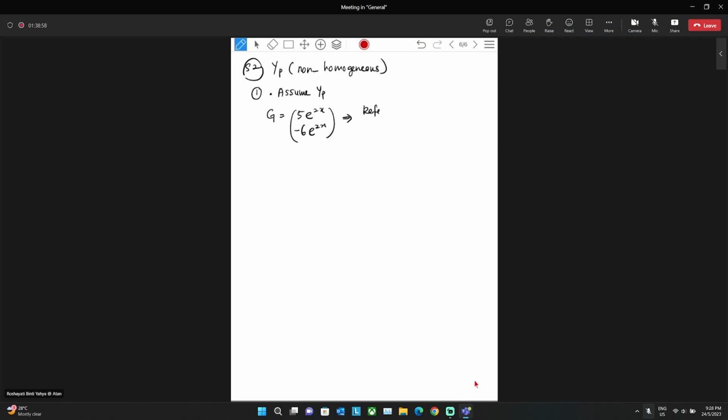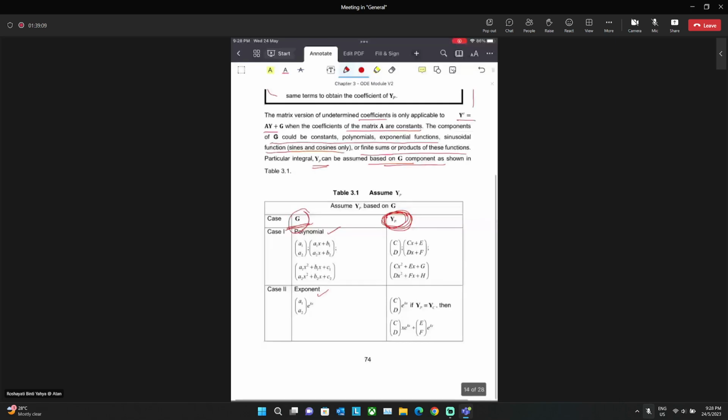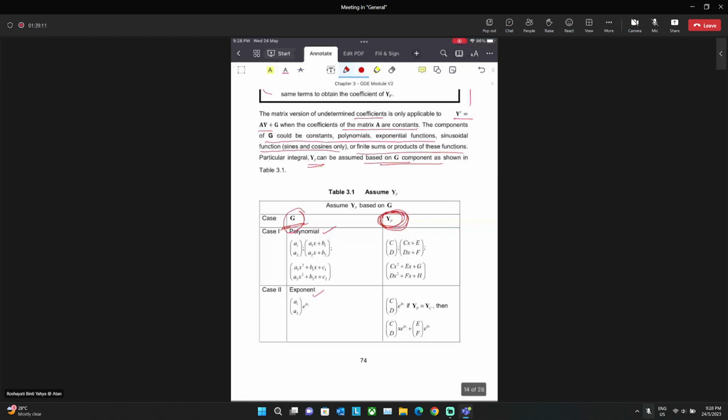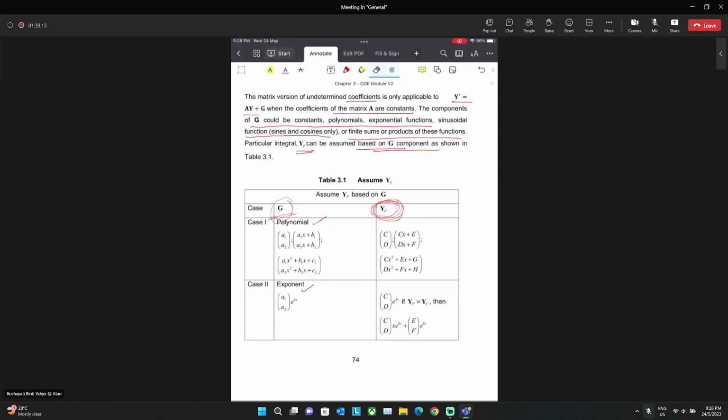Table 3.1. Okay. Just now you have G equal to 5 exponential 2x and then negative 6 exponential 2x. So based on your G here, what is your YP?